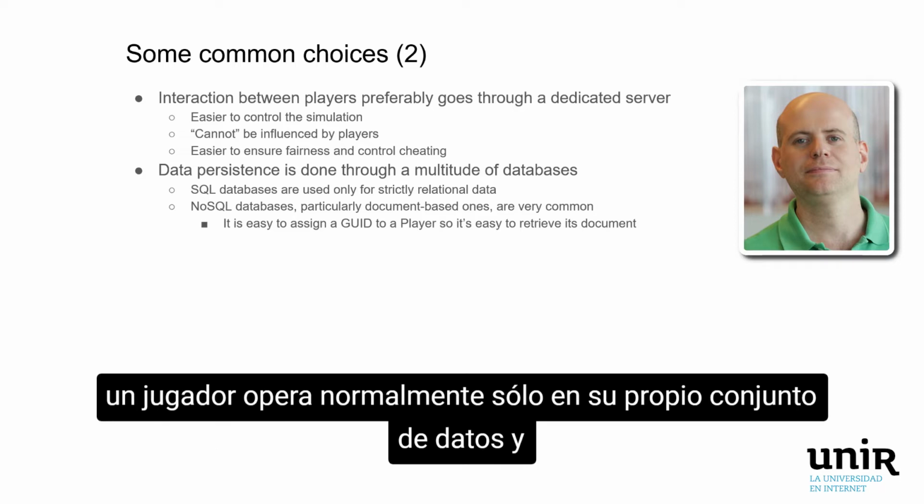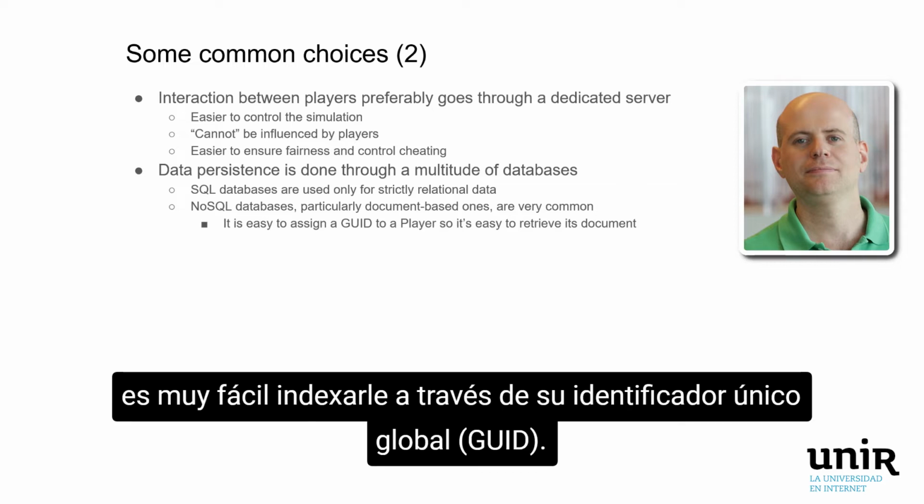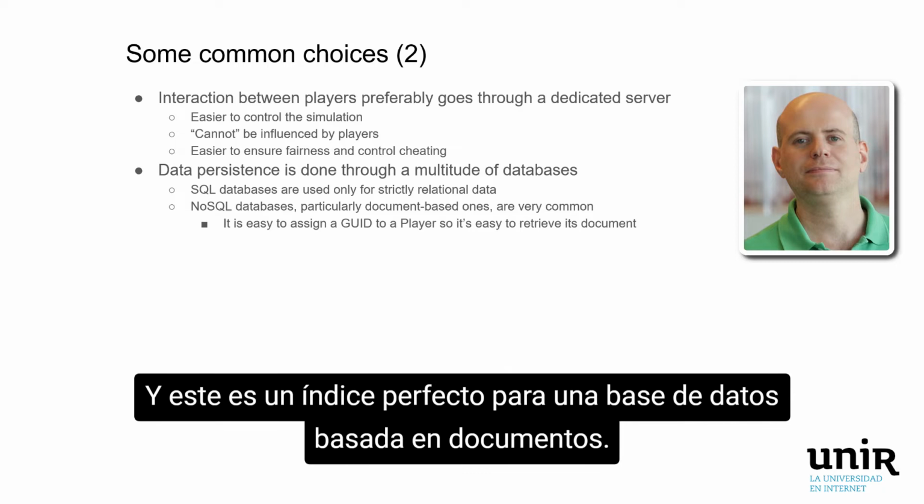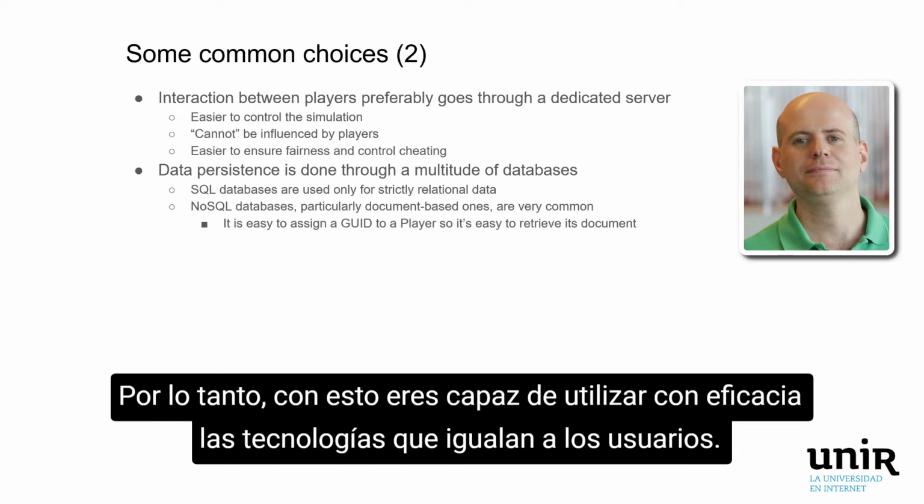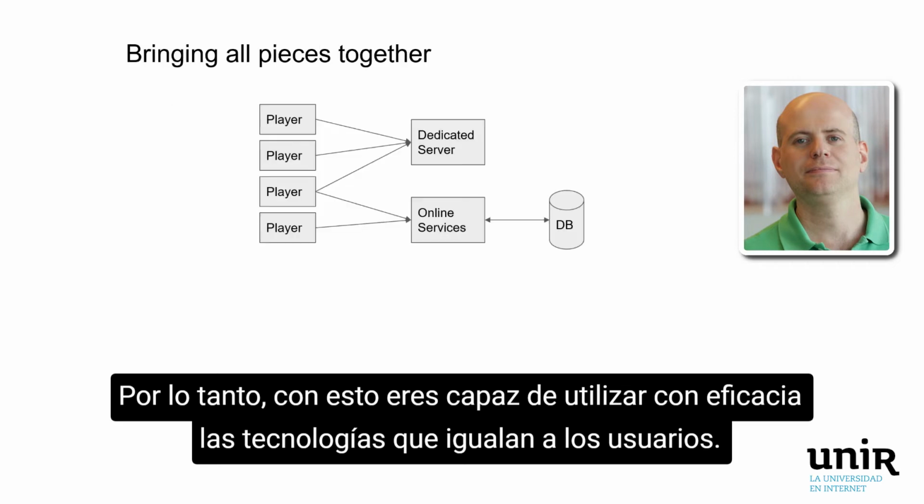A player usually operates only on its own data set, and it is very easy to index a player by a globally unique ID. And that is a perfect index for a document-based database, right? So with that, you're able to use effectively technologies that leverage GUID.